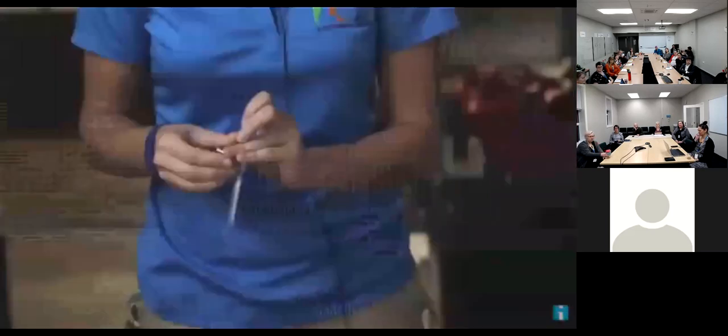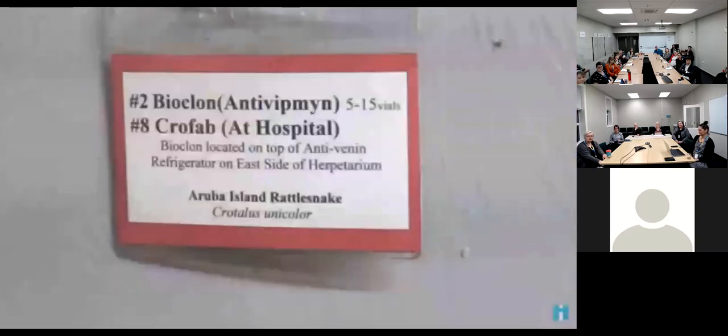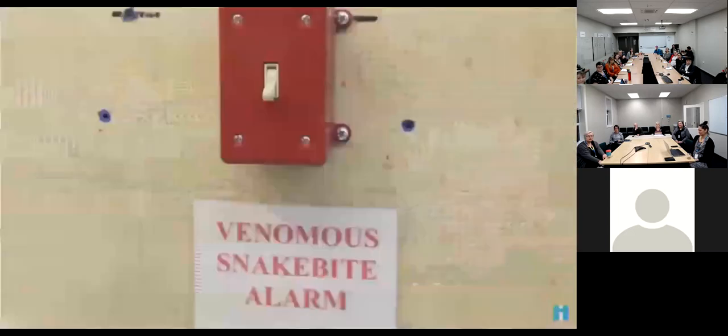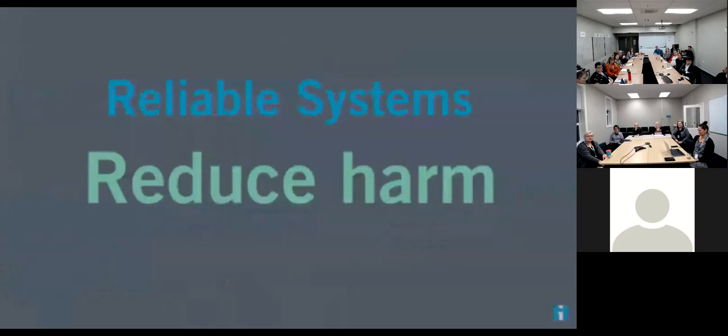We have a very open relationship when it comes to trust and being able to speak up. They also use a belt clip with key information about the snake, such as the antivenom. So that way, if something goes wrong, somebody can come in from the outside, know exactly how to handle the situation and which antivenom to bring with you to the hospital. This helps to reduce harm if a failure does occur.